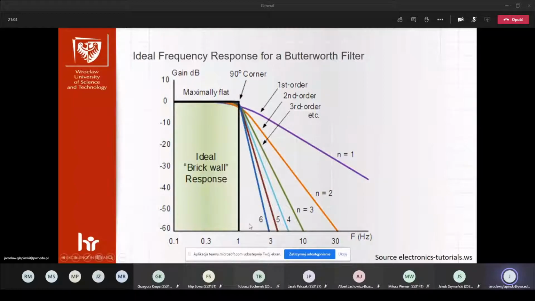This is the ideal cutoff: if we set the cutoff frequency, in this case 1 hertz, we would like to have no signals on this side and all of the signal here. But in fact, using real filters, we find that by changing the order, we go towards the ideal filter, but it causes other problems.